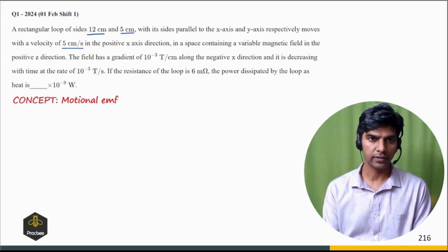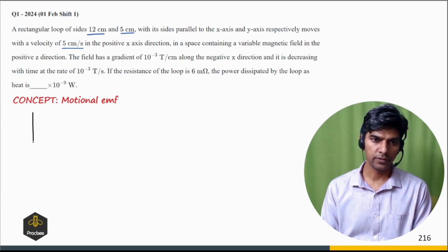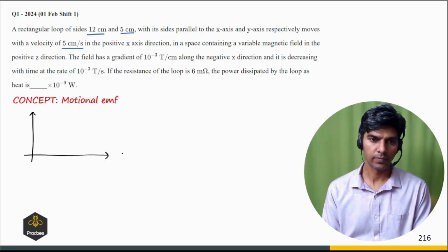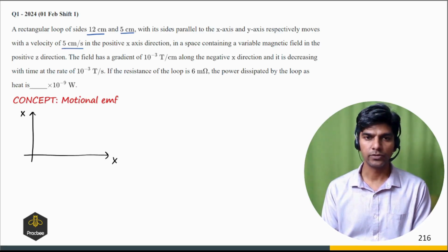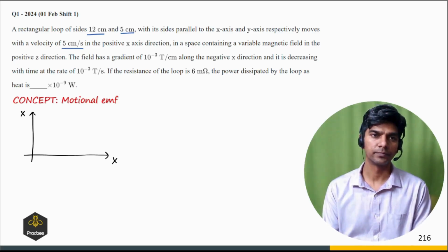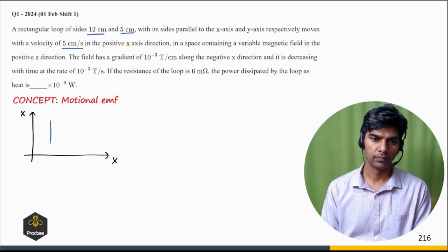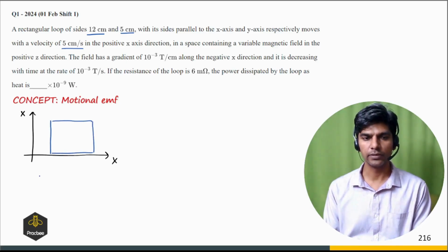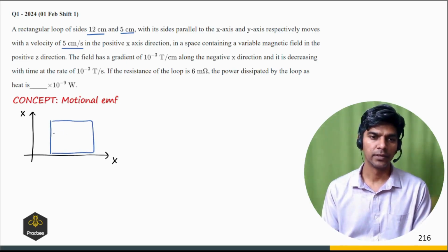Okay, let me draw the diagram first. So we have the y-axis, this is the x-axis, and there is a loop, and the sides of the loop are parallel to x and y direction. Something like this. It can be anywhere, but the sides should be parallel to x and y direction.